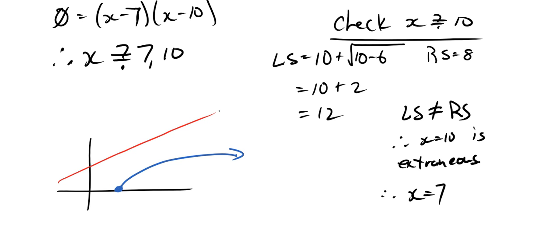It could never meet that line. I could get no answer. What would that look like? I could get the one that we've seen where you get one and the other's extraneous. Or I could get two if it cut through like that, right? So you can get all of them.